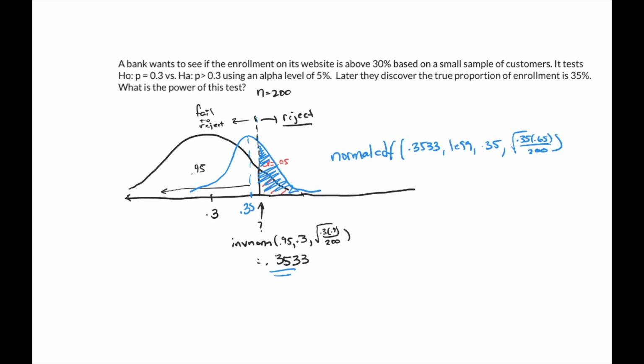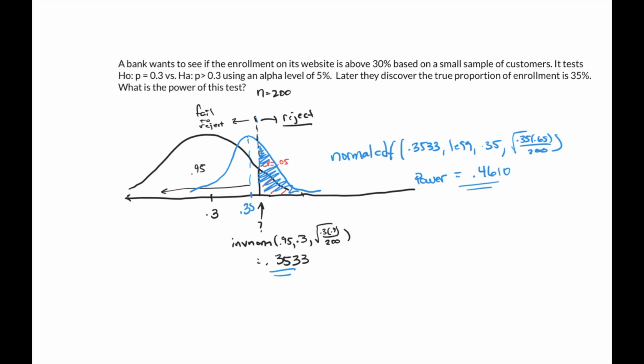The mean of 0.35, and a standard deviation of the square root of 0.35 times 0.65 divided by 200. This gives me 0.4610. So the power of my test in this example is only about 46%: only about 46% of the time will I reject the null correctly.